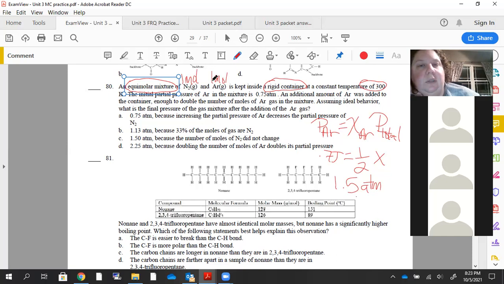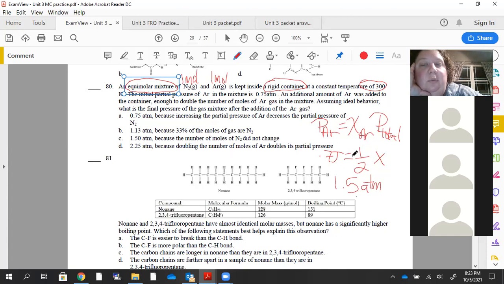But if I double this, if it's 2 moles out of 3, or if they each were 10 moles, it'd be 20 moles out of 30 moles now. So argon is moving up to be 2/3 of the mixture. So if argon is 2/3 of the mixture, it's also going to be providing 2/3 of the pressure.